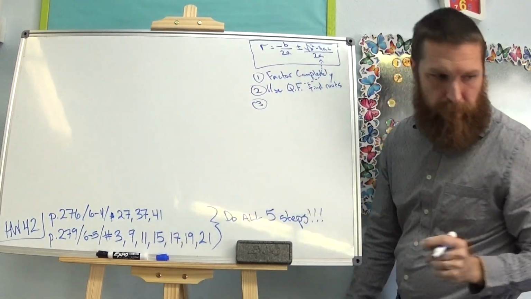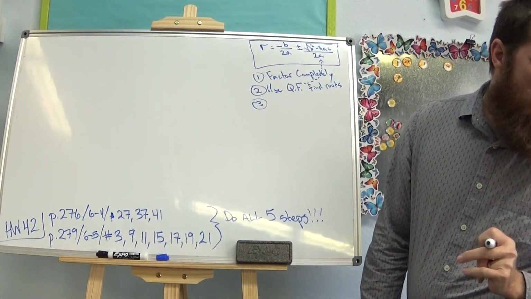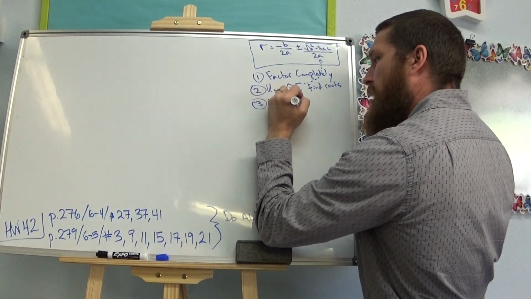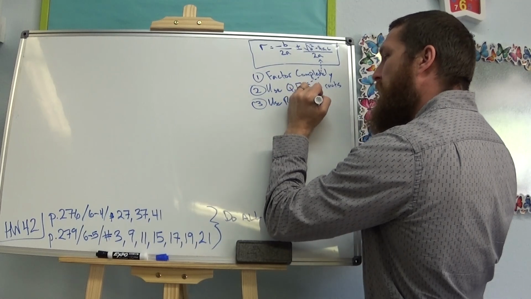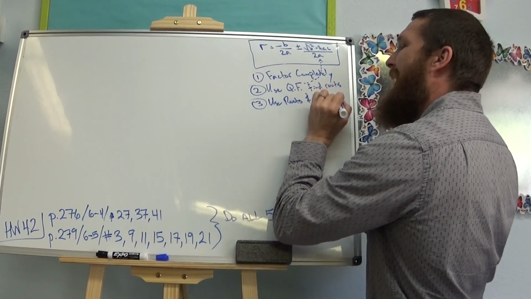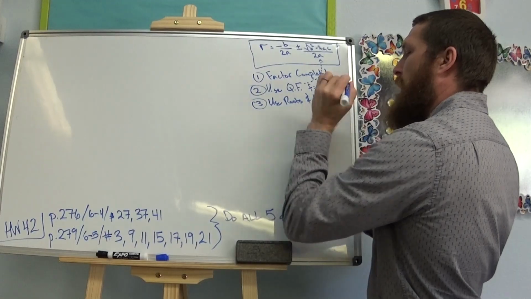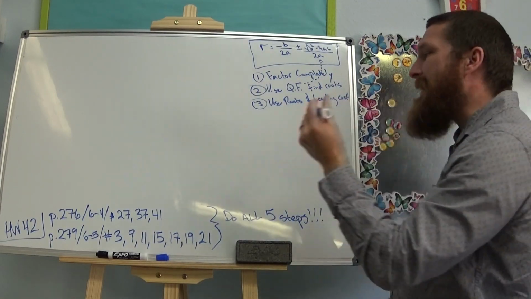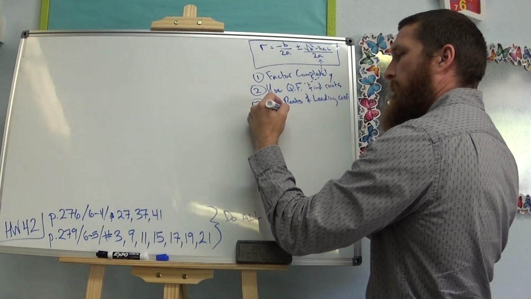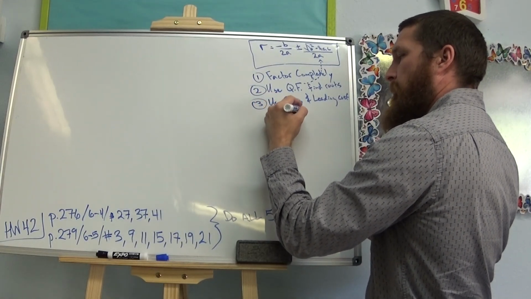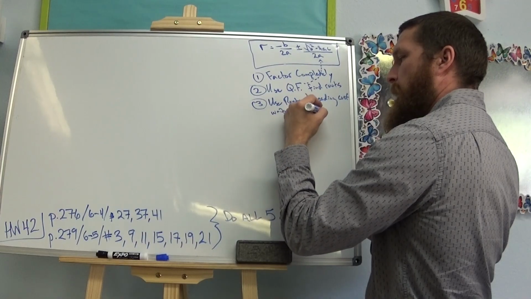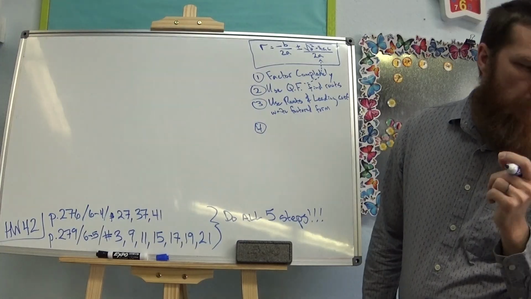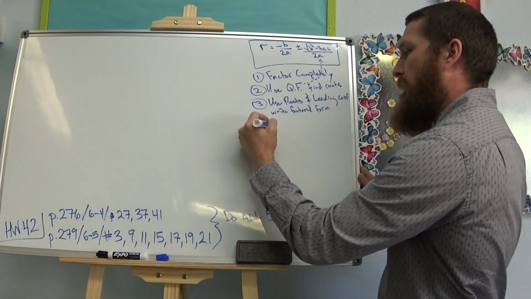3. We're going to use the roots and the leading coefficient, right? That's your A. The leading coefficient to write the factored form. 4, multiply that out.